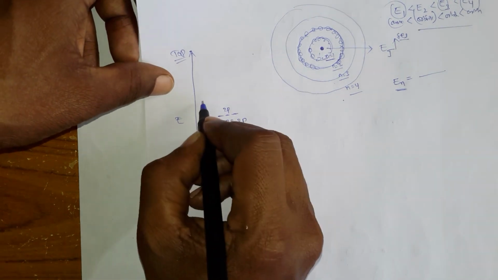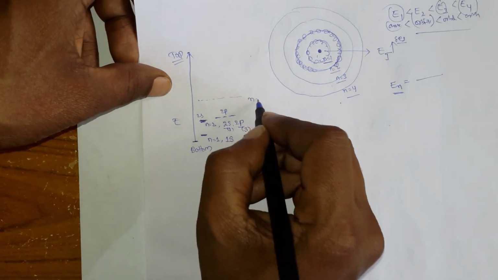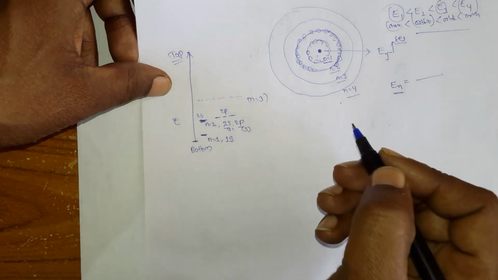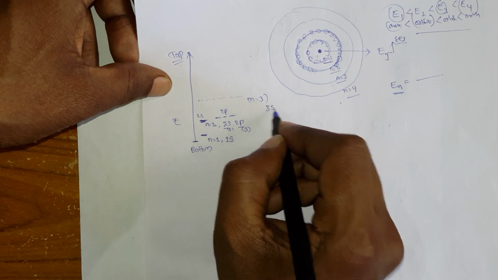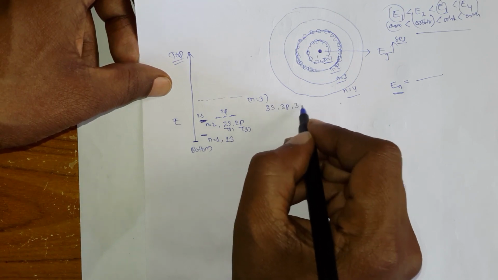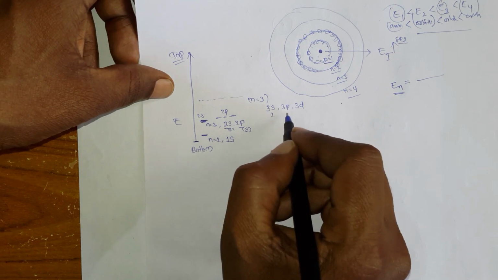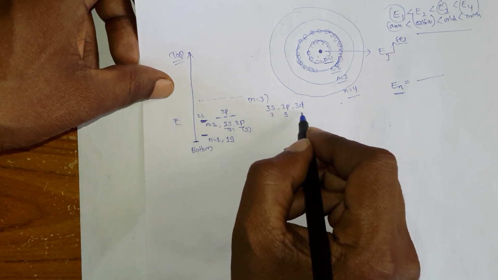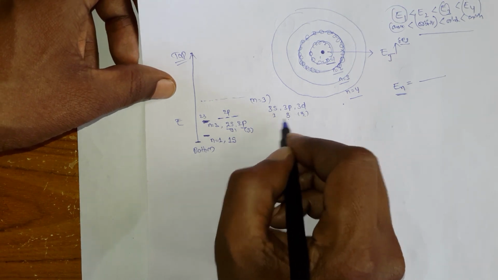And next is n equal to 3. In n equal to 3, there are 3s, 3p, and 3d orbitals. The s means only 1 orbital, p means 3 orbitals, d means 5 orbitals, so total 5 plus 3 plus 1, 9.